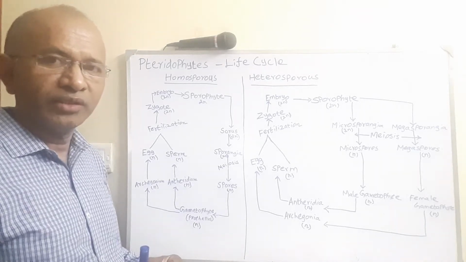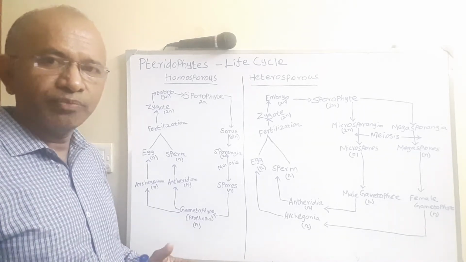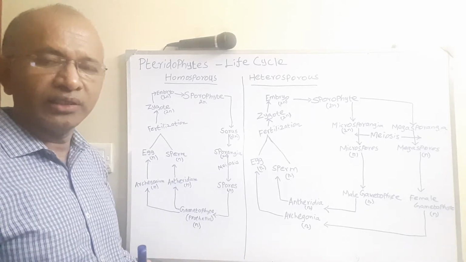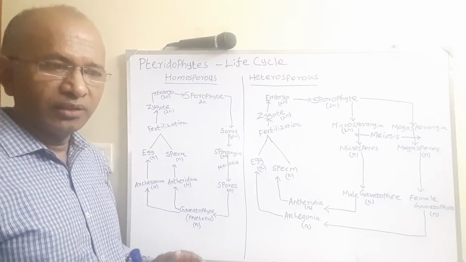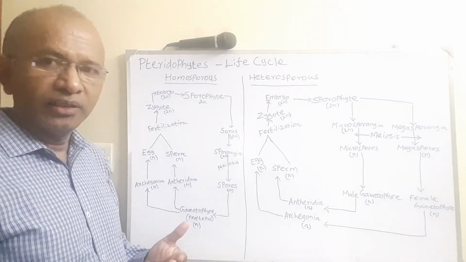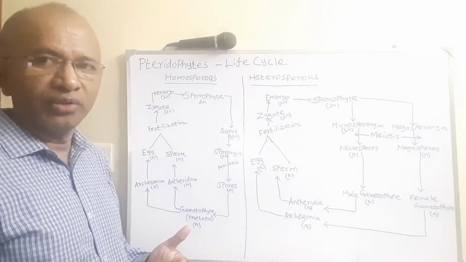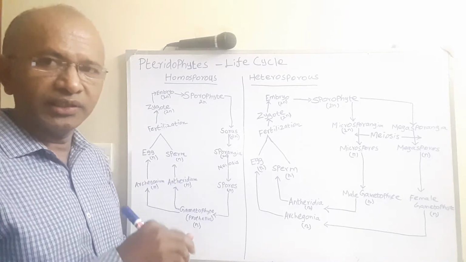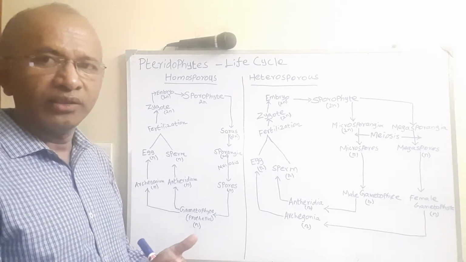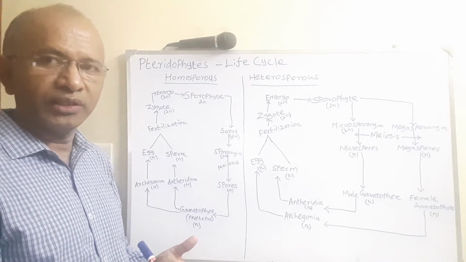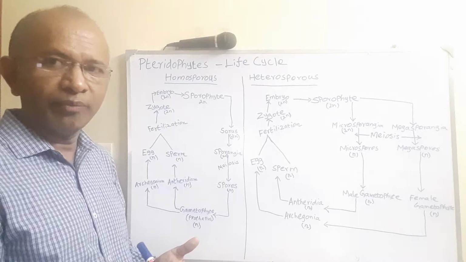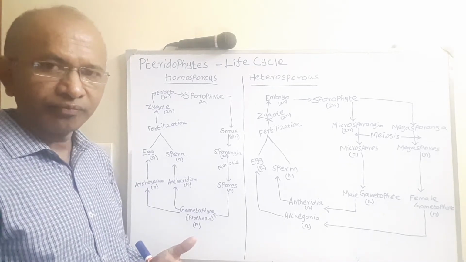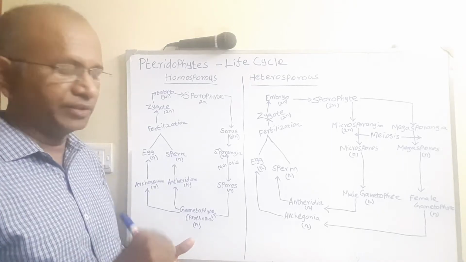In most of the plants, both the archegonia and the antheridia are present at the lower surface of the gametophyte, or a little bit embedded in the gametophyte. That is why they are known as cryptogamic. That is the meaning of hidden. They are all hidden in nature.